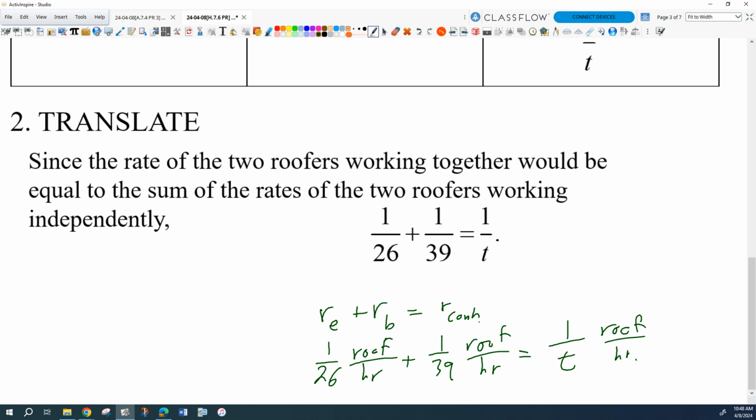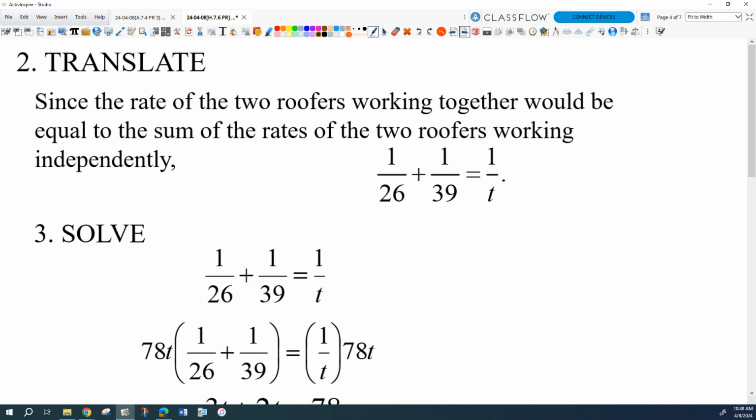We'd rather have fractions than decimals. There you go. Clear the fractions, and then solve the equation with the fractions cleared. Make sense? Okay.